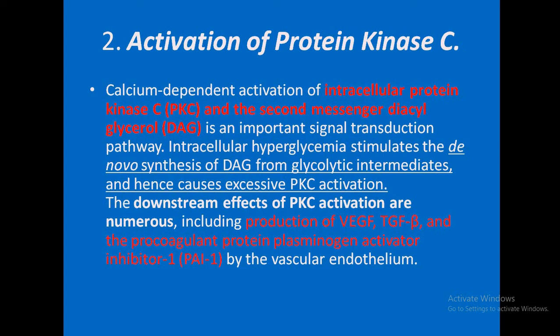Thus it causes excessive PKC activation, and the downstream effects of PKC activation are numerous. It could include the production of VEGF, TGF beta, and PAI-1, that is plasminogen activator inhibitor 1, and these are all produced excessively by the vascular endothelium.